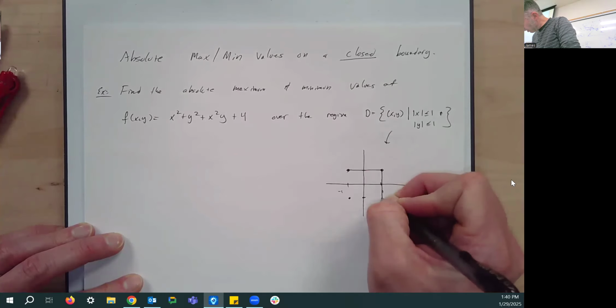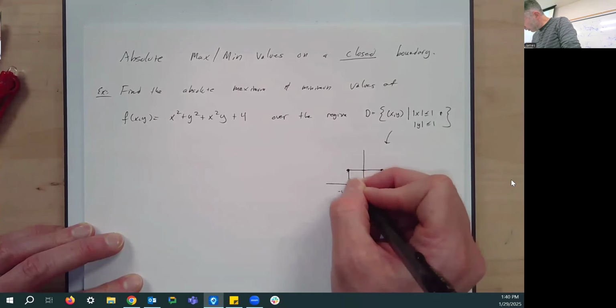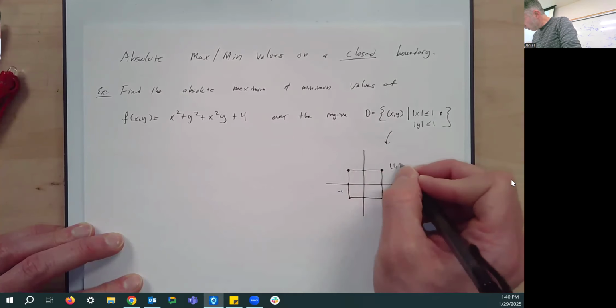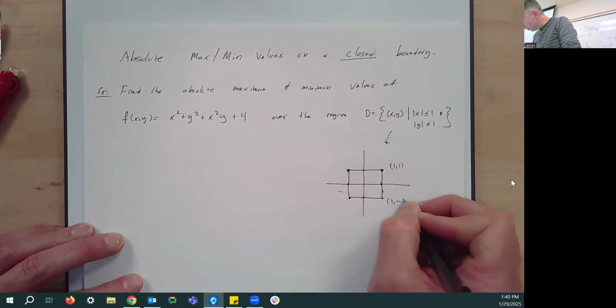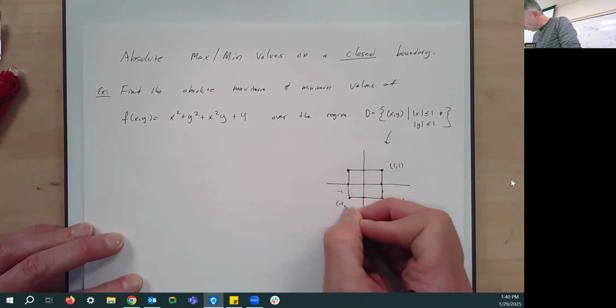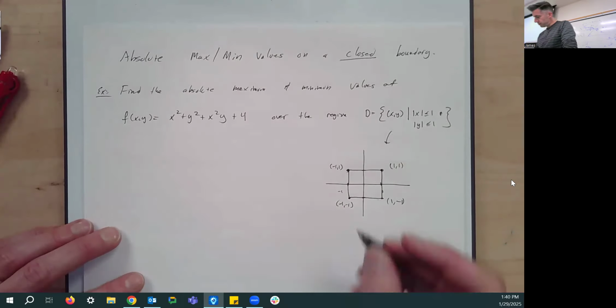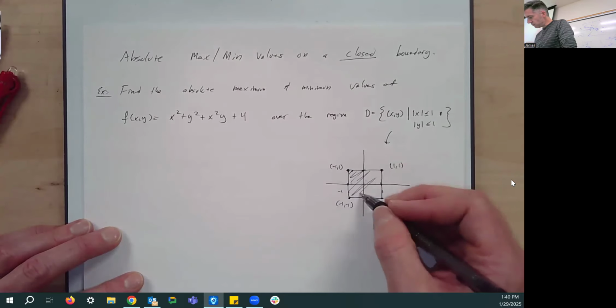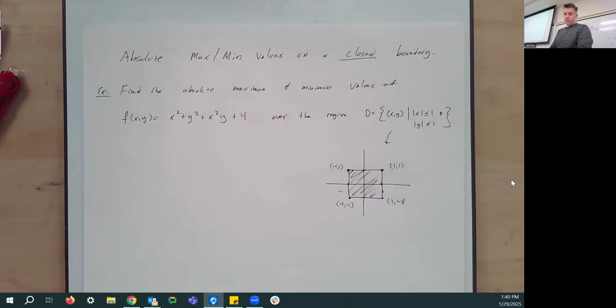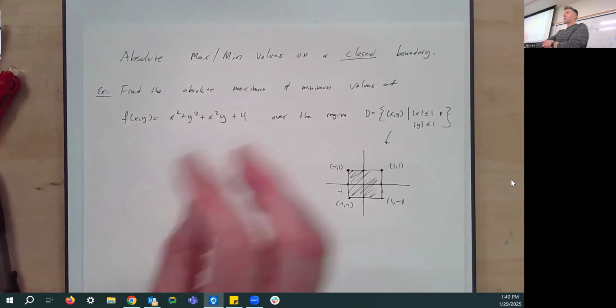Here's our region D. The corners of D are the points (1, 1), (1, -1), (-1, -1), and (-1, 1). I'm not going to draw these next pictures because I'm not really good at drawing them, but I'll show them to you. So here's the idea.